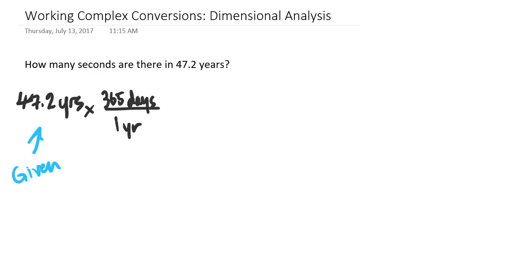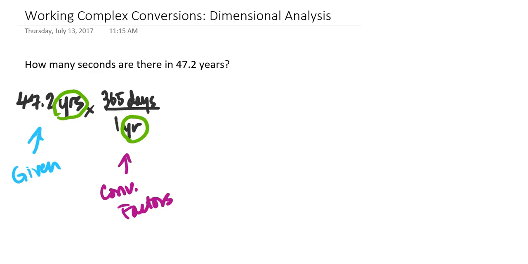Now, the way it works with dimensional analysis is as you progress from the given through the ratios that represent conversion of units, otherwise known as conversion factors, the important thing to keep in mind is you want the unit in the numerator of the current term to match the unit in the denominator of the next term.